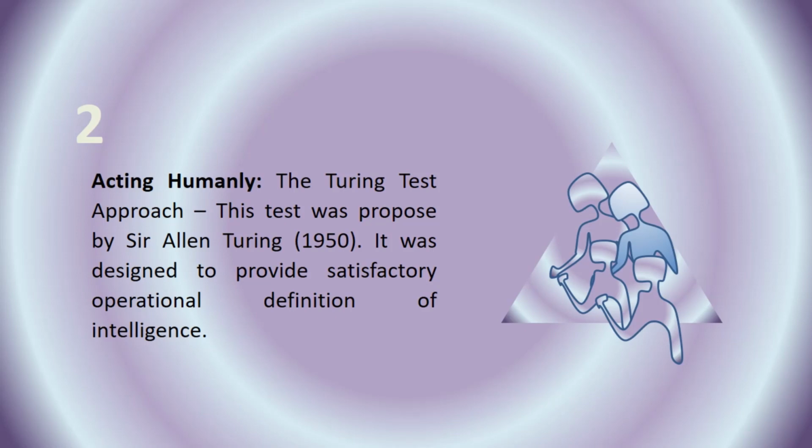In such cases, the computer would require to possess the following capabilities. Number 1. Natural language processing, to enable it to communicate in human language. 2. Knowledge representation, to store what it knows or hears. 3.